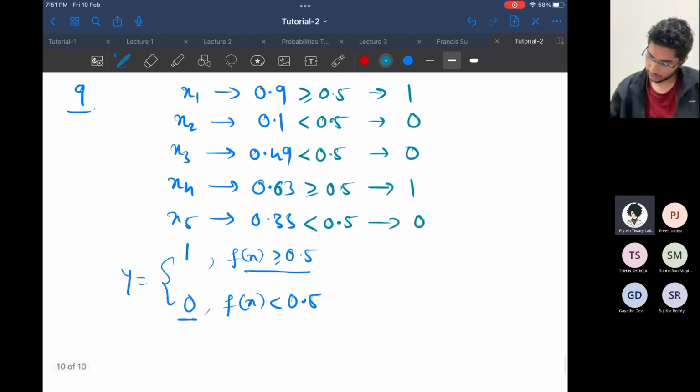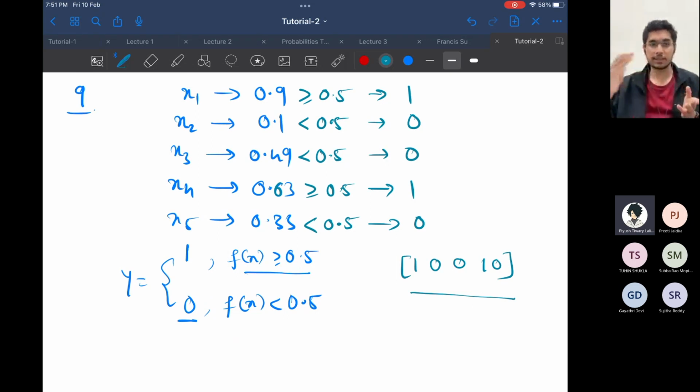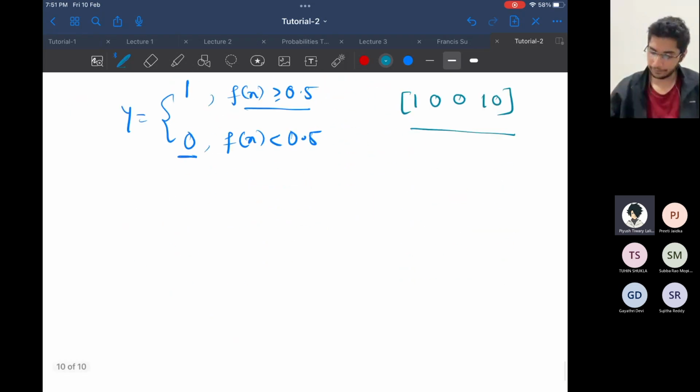So the correct answer should be 1, 0, 0, 1, 0. This is a simple thing: just see if it is greater or smaller than 0.5 and accordingly take the decision.